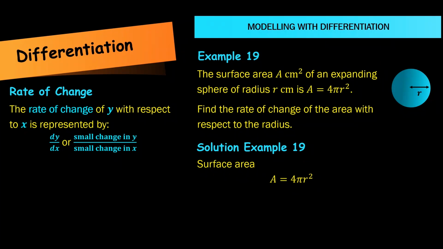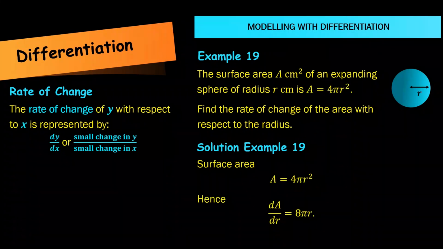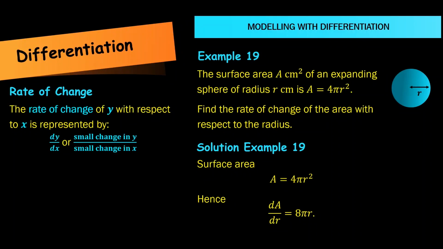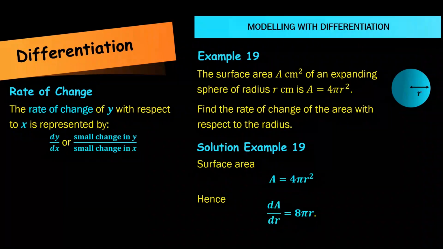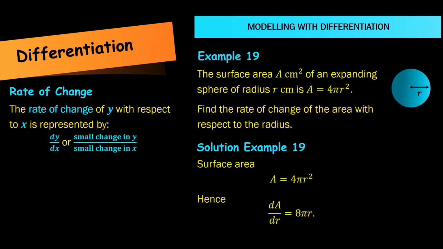Therefore, if we differentiate this with respect to r, we obtain dA dr equals 8 pi r. And this is the rate of change of the area with respect to the radius. Let's take a look at another example.